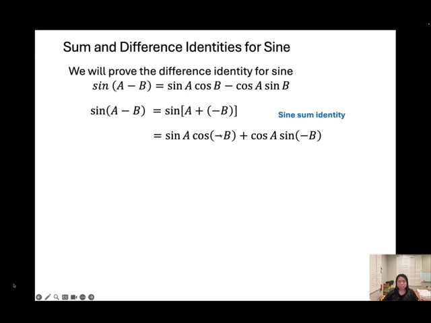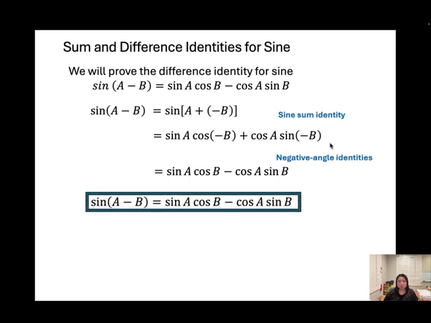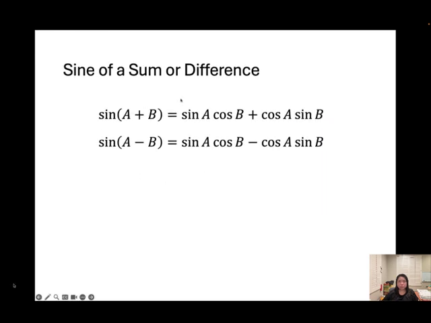What is cosine of negative B? That would be cosine B, right? But sine of negative B becomes negative sine B. So this is the difference identity for the sine. I need you to remember these two formulas, the sine of a sum or difference.